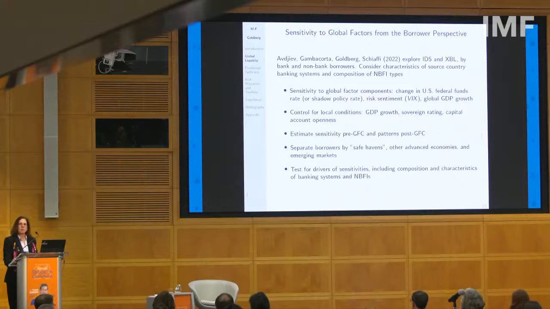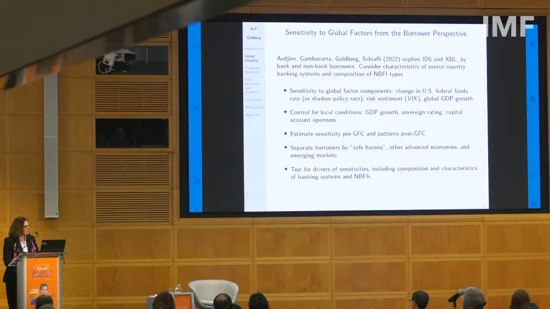So the econometrics look at estimating sensitivity to the global factor components that we've all spoken about: changes in the US federal funds rate or the shadow policy rate, risk sentiment, GDP growth. There are controls for local pull conditions.